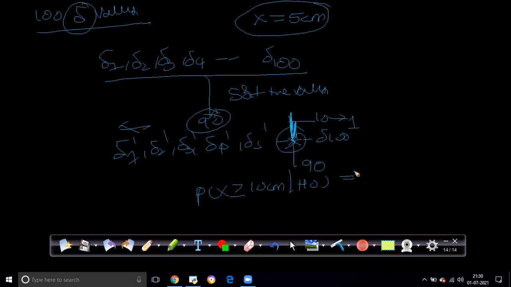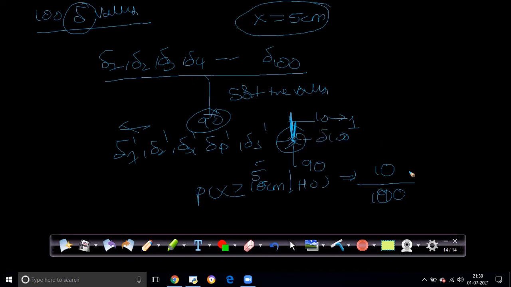So the probability of X greater than or equal to 5 centimeters, assuming our null hypothesis is true, is 10 by 100. We have 100 observations totally, you have 100 differences of means of class 1 and class 2, and only 10 values are greater than 5 centimeters.